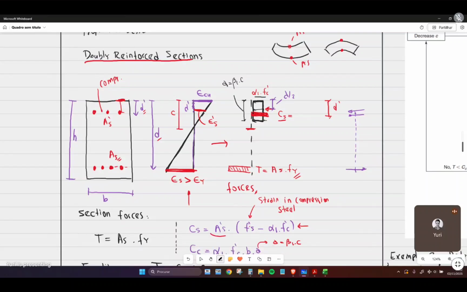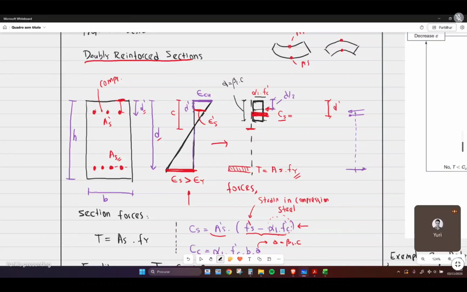So it's going to be the area of steel reinforcement in the compression face times the stress in the compressive reinforcement, minus that part that was supposed to be carried by the concrete.